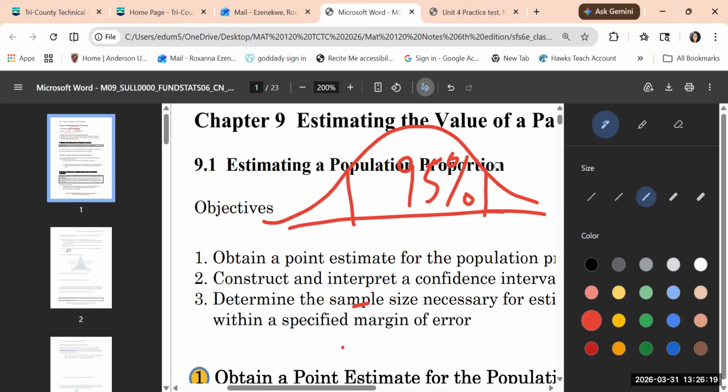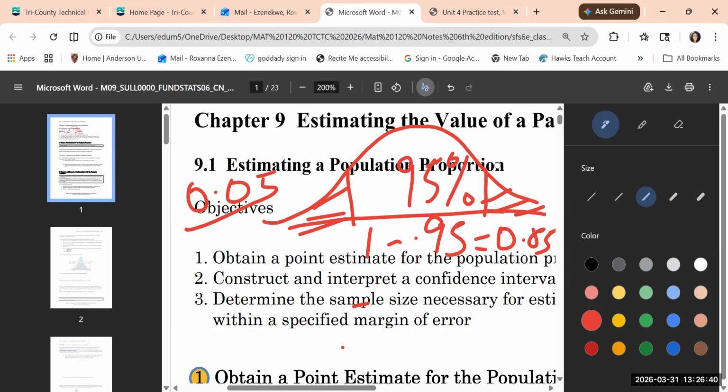So 1 minus 0.95 is equal to 0.05. So the area on the tails is 0.05, but I really want to find the area on one tail. So I'm going to divide by 2. If I divide by 2, I have 0.025. So the area on this tail is 0.025, and this is 0.025.